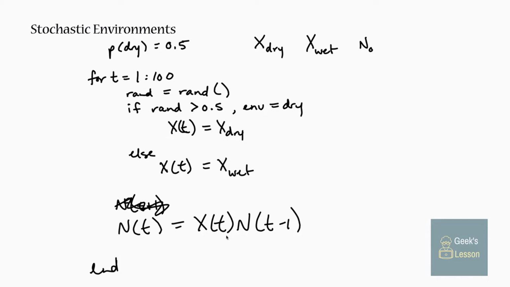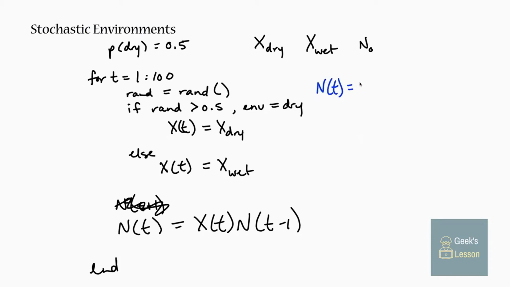Or you could simplify your life and just fill a vector with 100 random numbers, and then for each space in that sequence of random numbers, turn that into a sequence of environments and turn it into a sequence of x at t. So you would just have 100 matrices in order. You've got a sequence of 100 matrices, some combination of dry and wet in order, and you can just calculate n at time t.